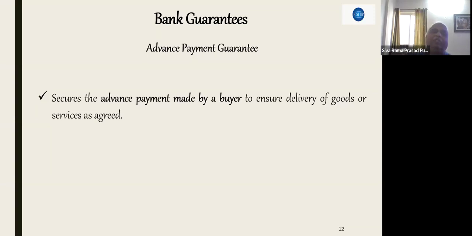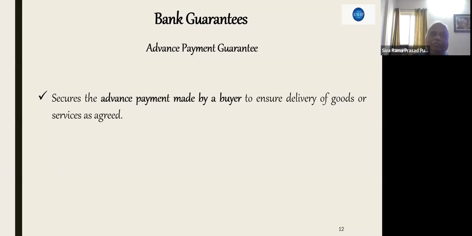Once the goods are received, if the buyer has not paid, then the loser will be the seller. So that's why the seller will ask for the bank guarantee. For that also we will issue. It secures the advance payment made by the buyer to ensure the delivery of the goods or services.